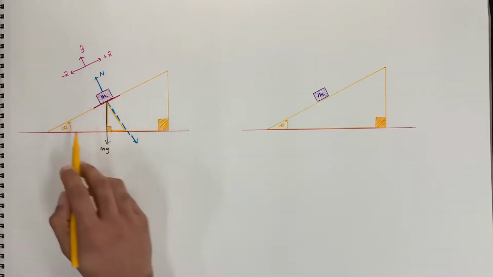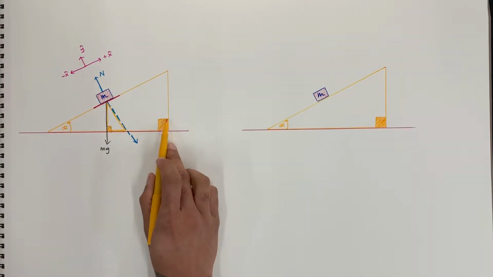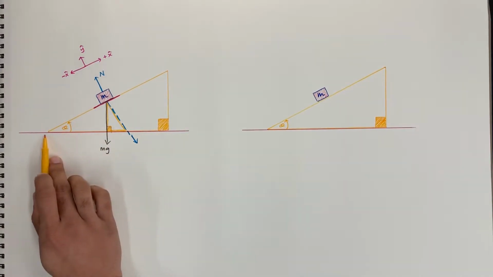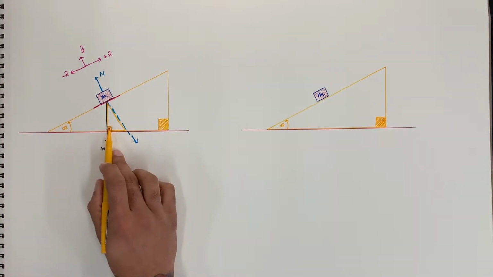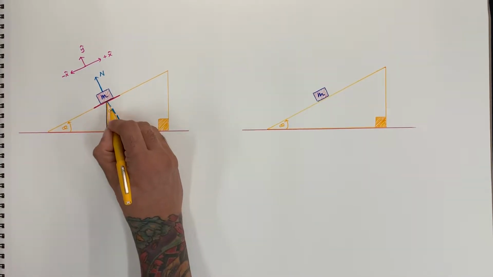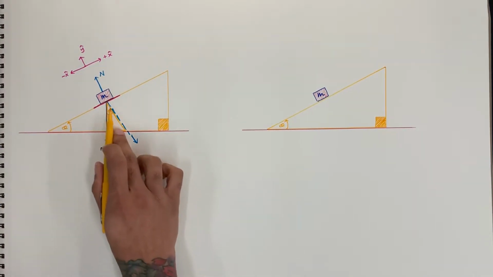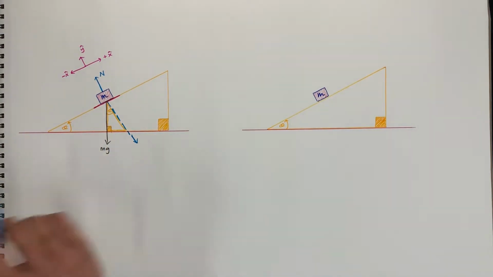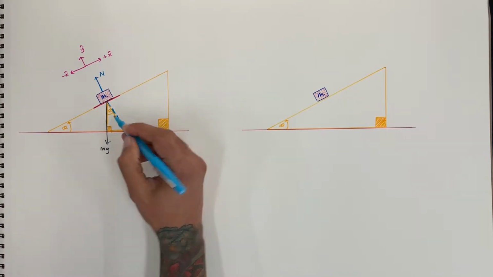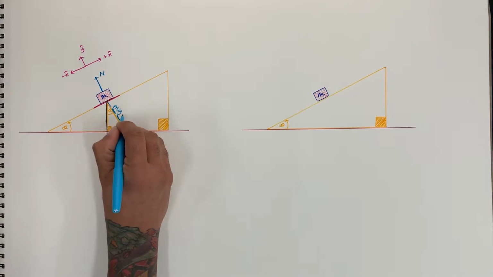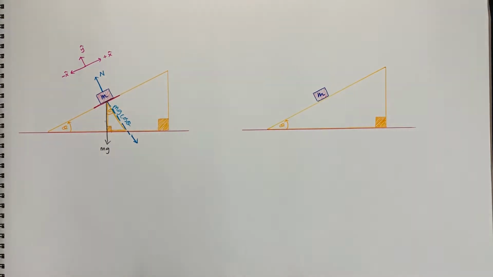And so this angle right here is going to be the same one as this top one here, because if you notice the 90-degree angle, the longer side has the theta, whereas the smaller side doesn't. So with this small triangle here, I'm going to do adjacent over hypotenuse. And so that way it's going to be mg cosine theta coming downward, opposite to the normal force. Okay?